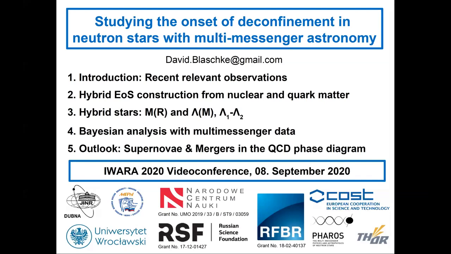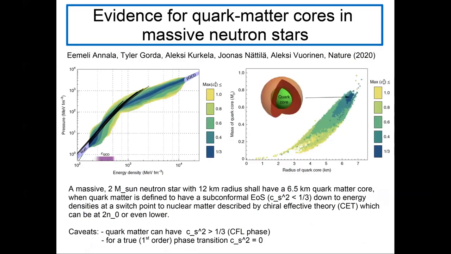Okay, so to start with, in introducing the topic, I refer here to the recent Nature article by Emily Annala and the Finnish group. And what they do, they come from the perturbative QCD region.